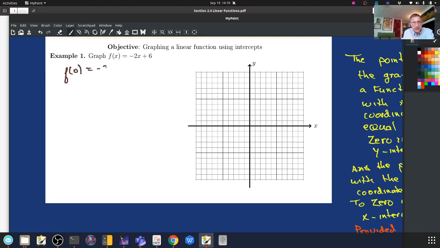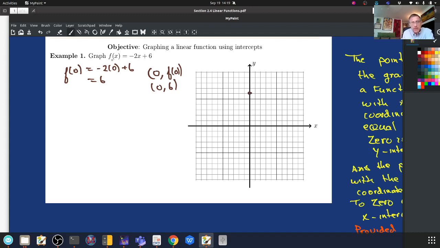And that's minus 2 times 0 plus 6, and that's equal to 6. So that tells me the point (0, f of 0), which is (0, 6), is my y-intercept. So that's 1, 2, 3, it's going to be right here.